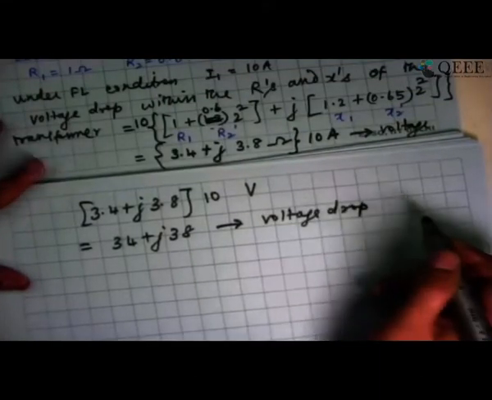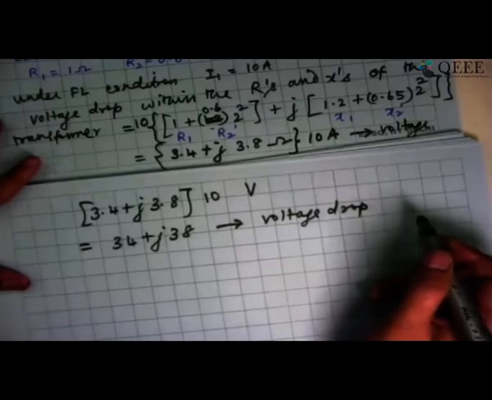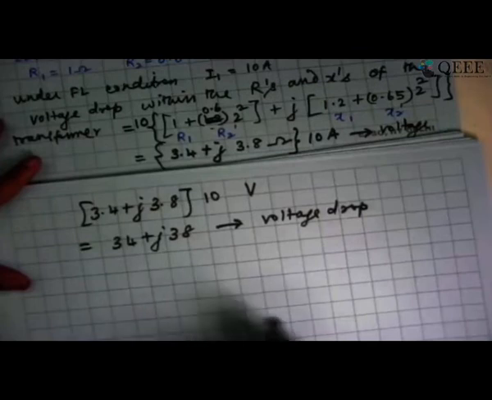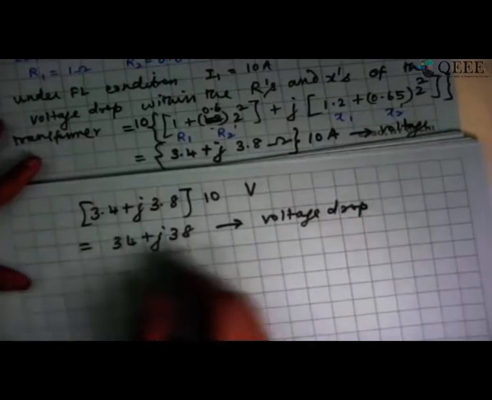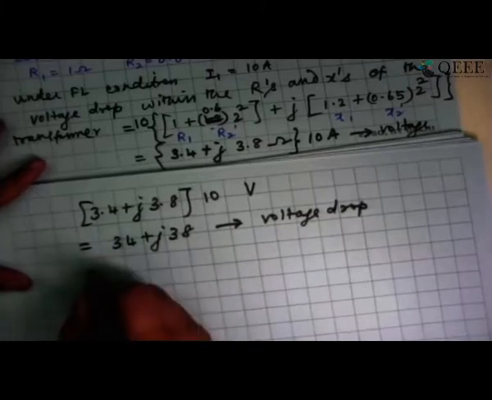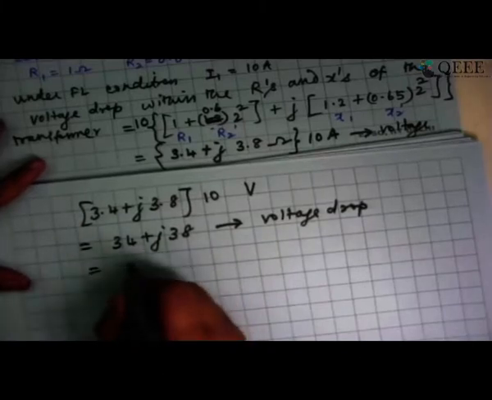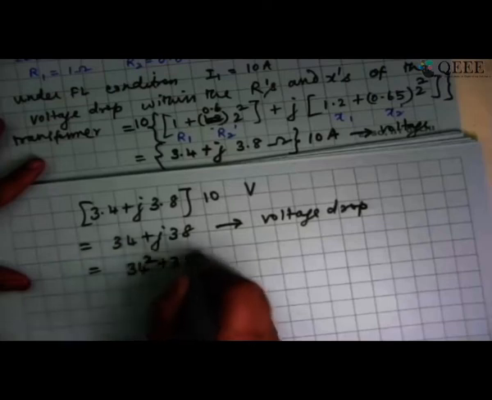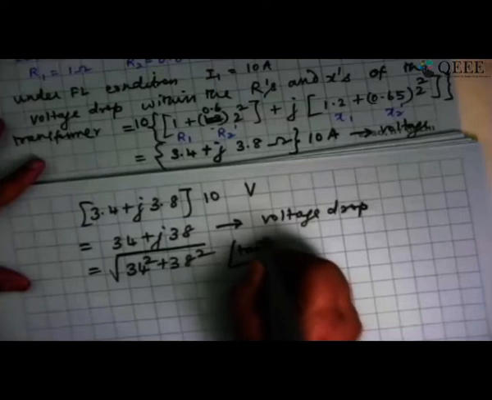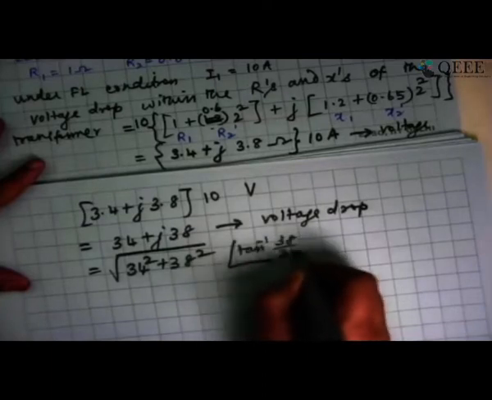So I have taken the parameters in such a way that extremely large voltage drop takes place. I am sure you can convert this into polar form. So I'm going to have square root of 34 square plus 38 square, and angle is tan inverse of 38 by 34. I'm sure you can calculate this.